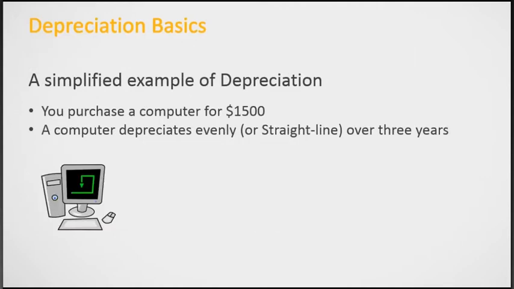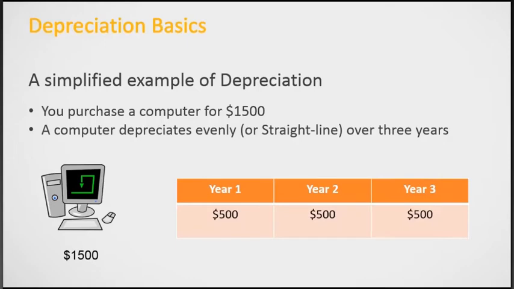So a simplified example of depreciation, say you purchased a computer and the cost of the computer is $1,500. So you're going to depreciate the computer over a 3-year period, which shows that you will get $500 a year. That goes against the income and it reduces the income.